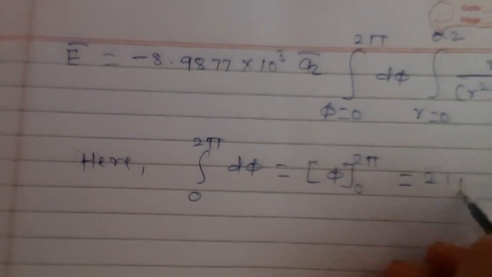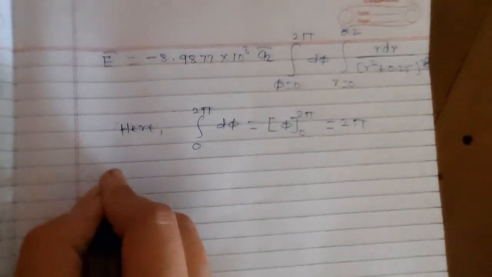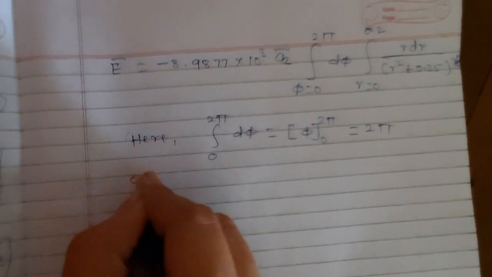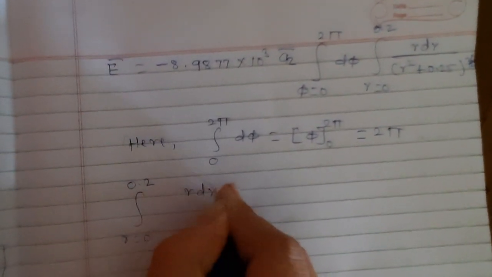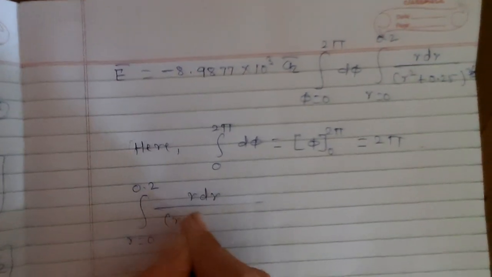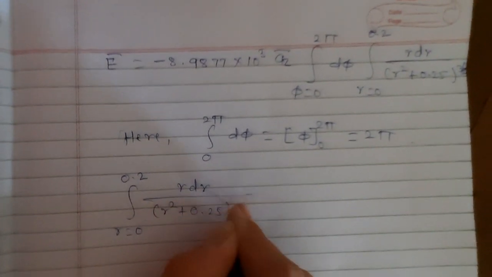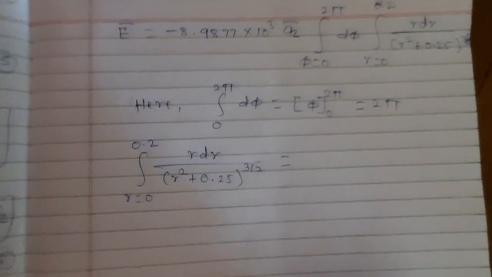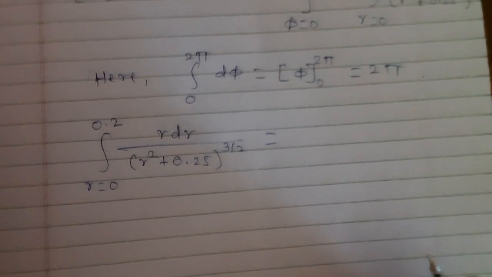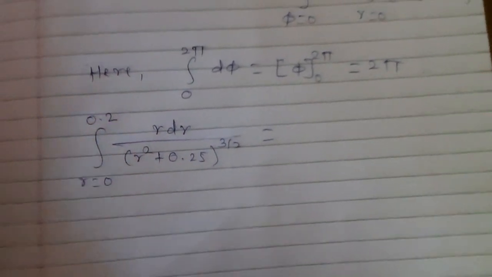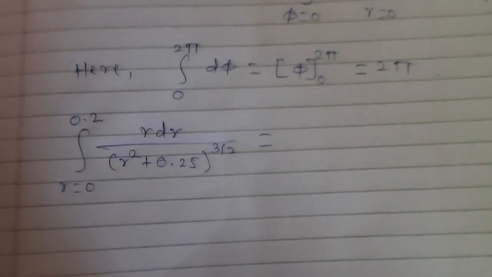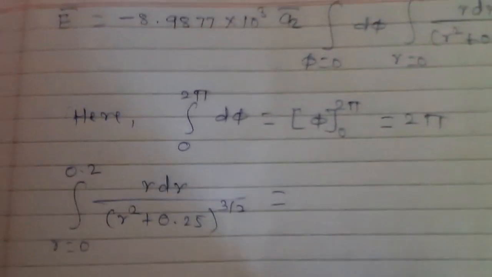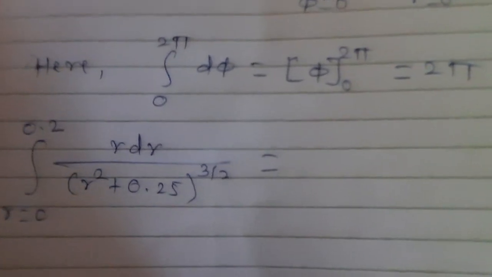Now r goes from 0 to 0.2, r dr over r square plus 0.25 to 3 by 2. This integration is solved on the calculator, and to solve it manually we have to make the substitution of r square plus 0.25 as t, so 2r dr is dt.